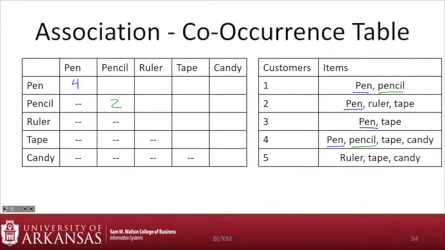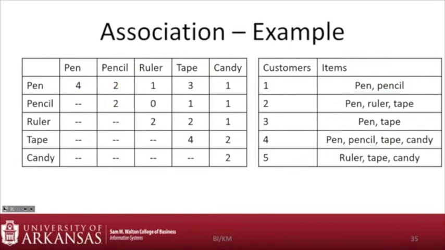So I'm going to do red. How many times did I buy a pen and a pencil together? 2. So actually, if you go through and fill all this out, how many times did I just buy candy? And if you trust my numbers, then all right, that's where those numbers came from.